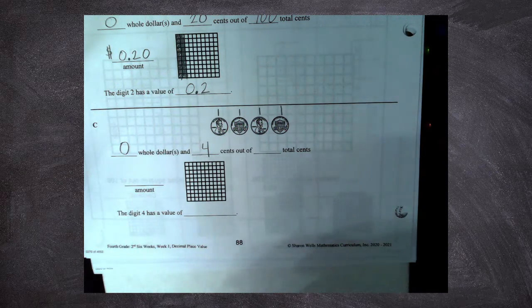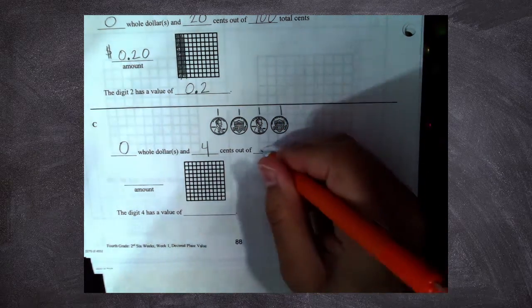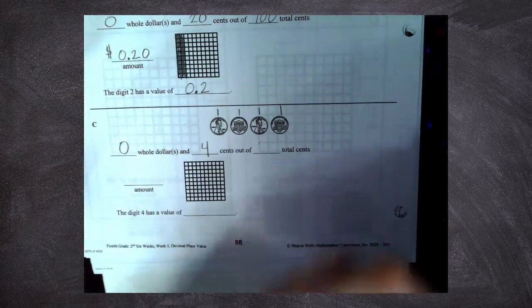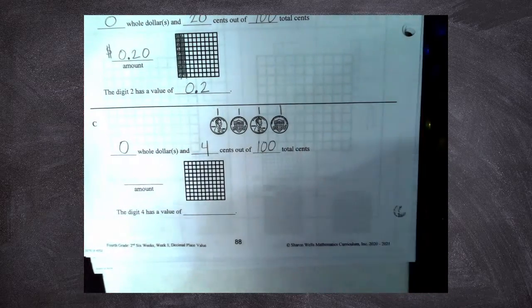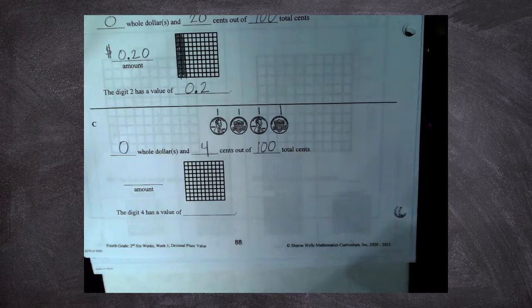How many cents do I need before I have $1? Noah? 100. So 0 whole dollars and 4 cents out of 100 total cents.